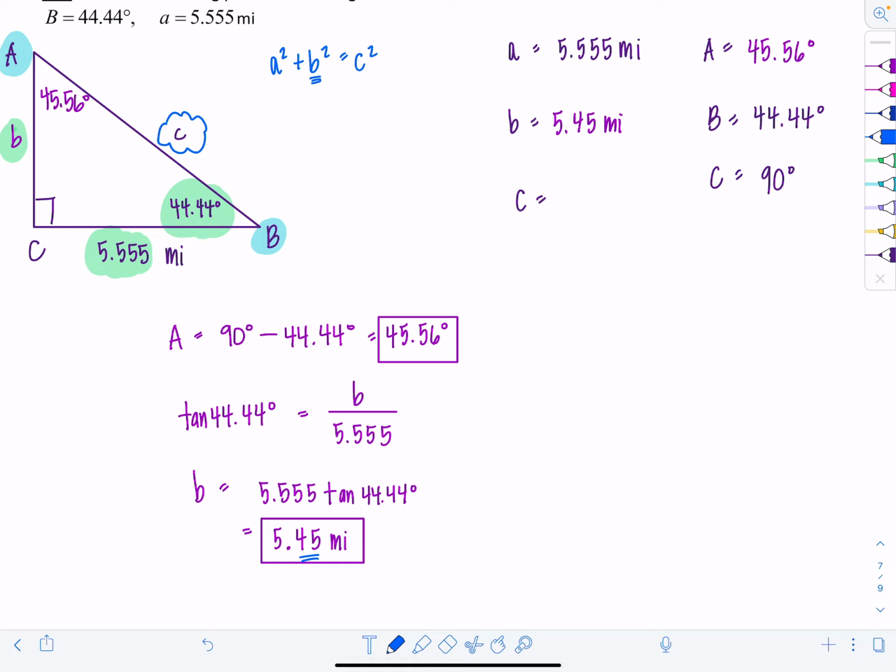And I'm just going to use instead, let's see. If I'm after side C, which is the hypotenuse, I'm looking at this angle that they gave us, and I have the adjacent side, then it's time to use cosine.